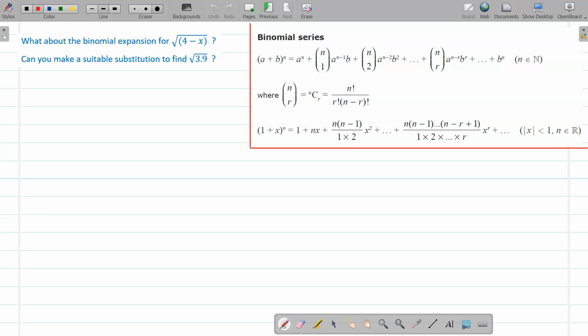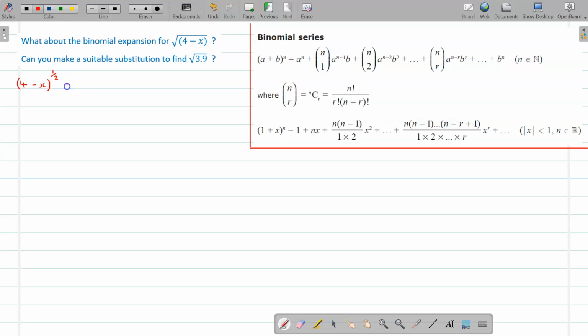All right, so I'm going to start by saying, what's the expansion for 4 minus x to the power of a half? Now, I need to do what I did before, which is to convert this into the form 1 minus or 1 plus x. This has to be a 1 instead of a 4.